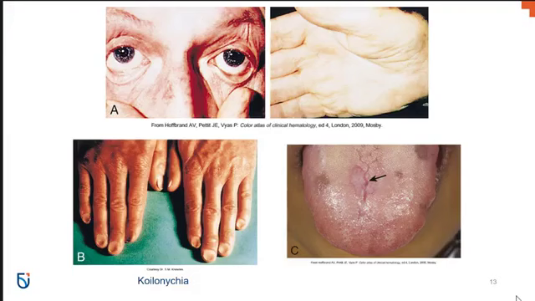This slide shows us some of the clinical manifestations of iron deficiency anemia. You can have somebody with pallor, where they have very pale skin throughout, paleness of the mucous membranes. They can have paleness within the palmar creases as well. Koilonychia can occur as well, where the nails take on this concave, rigid, and brittle appearance.